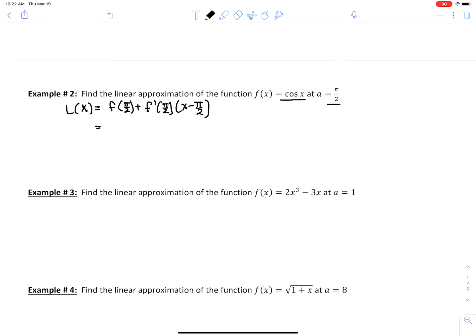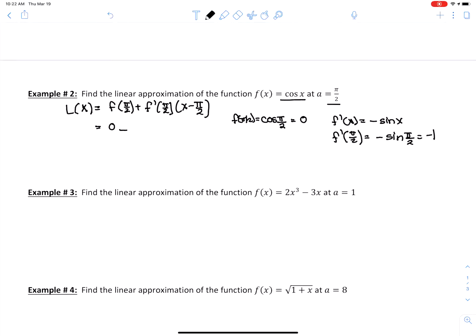So f of pi over 2 would be cos pi over 2, which is 0. F prime of x, the derivative of cosine, is negative sine x. The derivative at pi over 2 would be negative sine pi over 2, which is negative 1.